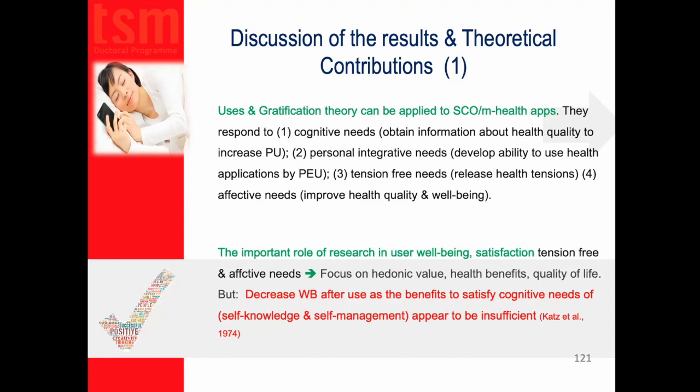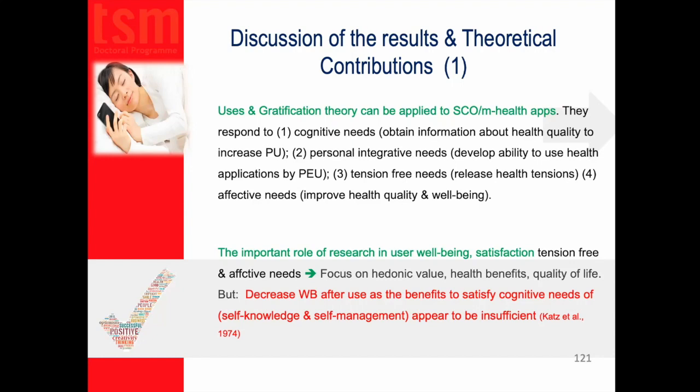But on the other hand, we can apply the theory, but we see that at least the application we tested did not increase well-being after. We furthermore showed the important role of research on user well-being, and not only on satisfaction, including tension-free and affective needs. So focusing on hedonic value, health benefits, quality of life is highly relevant in social science research and management research, and should be considered further in the future, above all when talking about mobile health applications, but also for other applications.